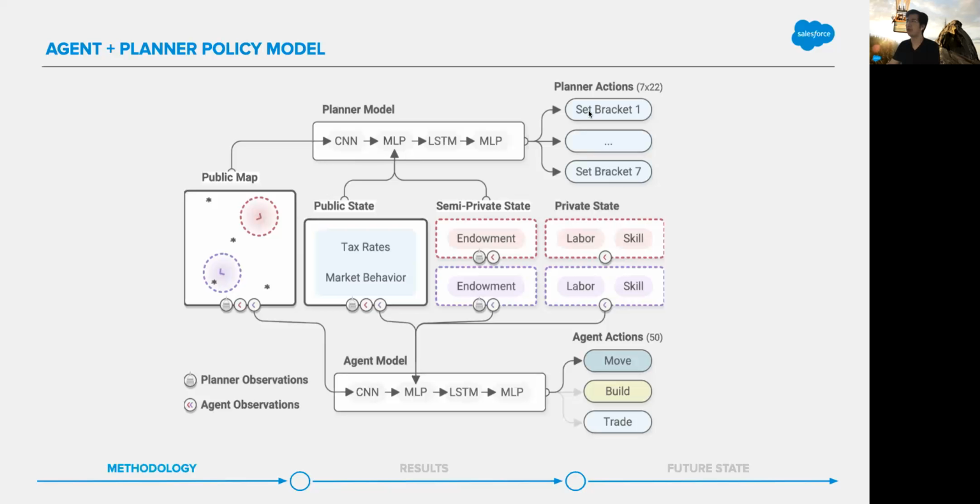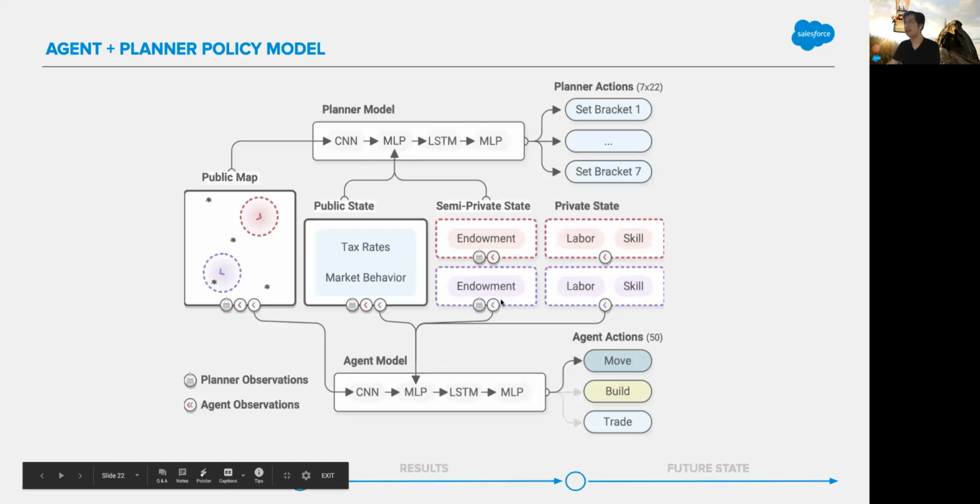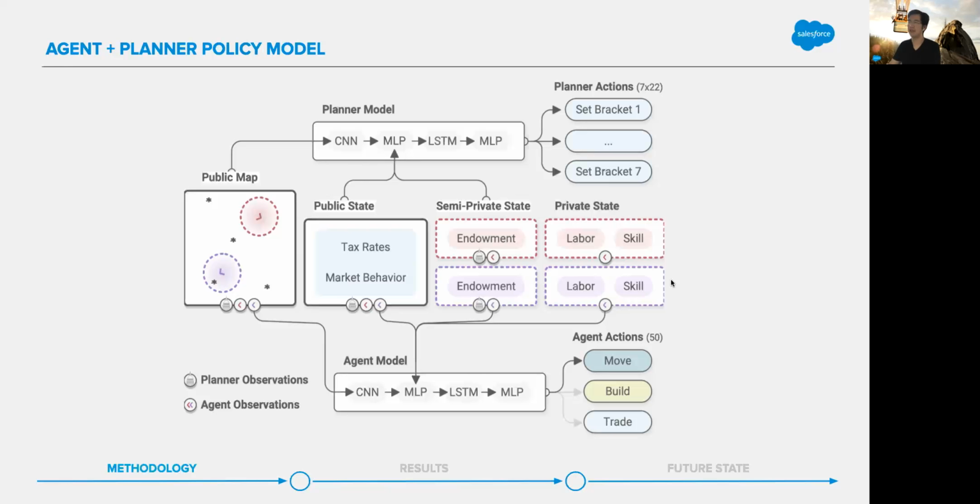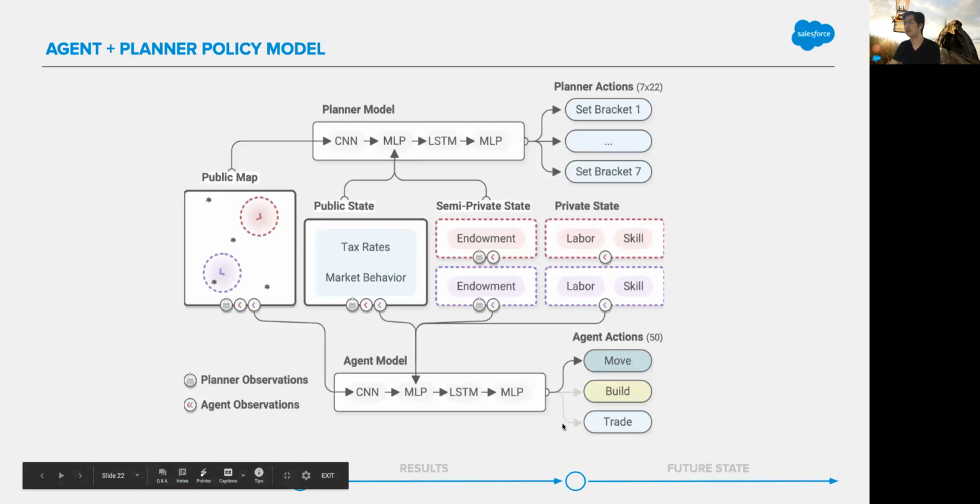Those are the planner actions. And then at the bottom, you can see the agent model. Every agent can see all the public information and also the private information that applies to that particular agent. The model in structure looks pretty similar. And then that agent is going to predict probabilities for every action type: moving, building, and trading.